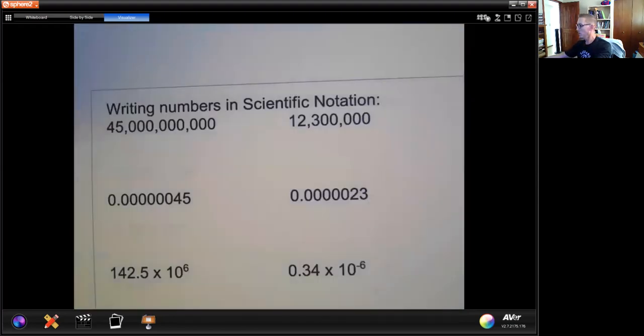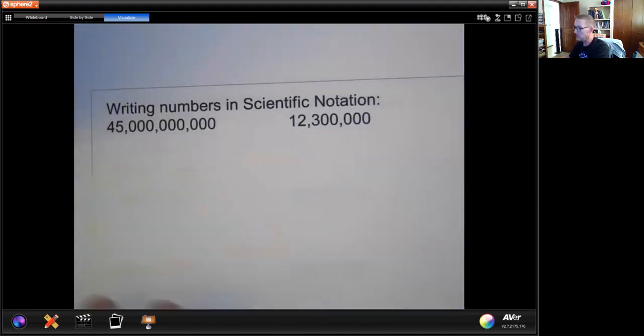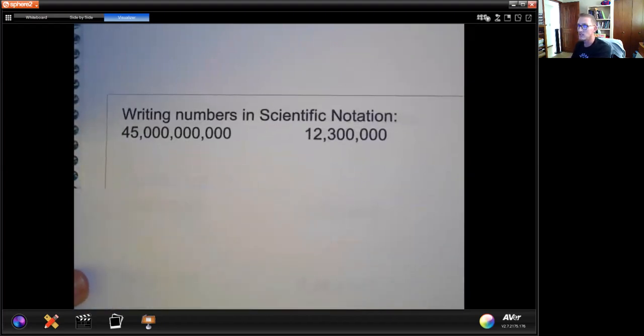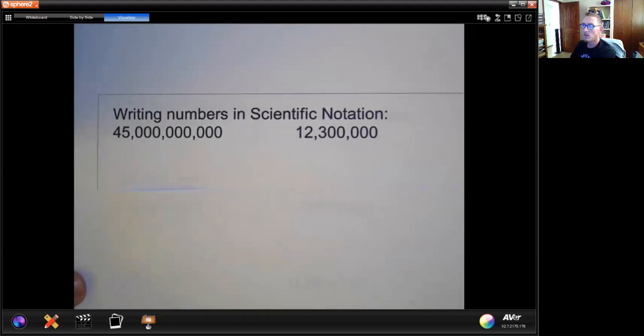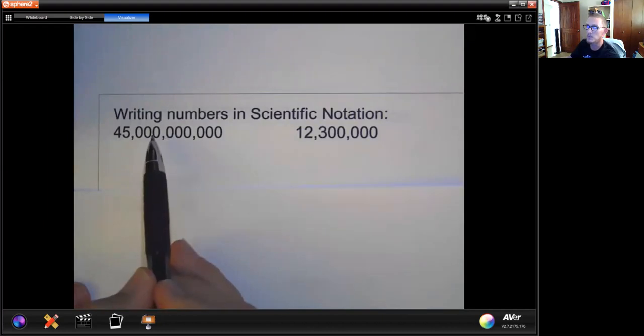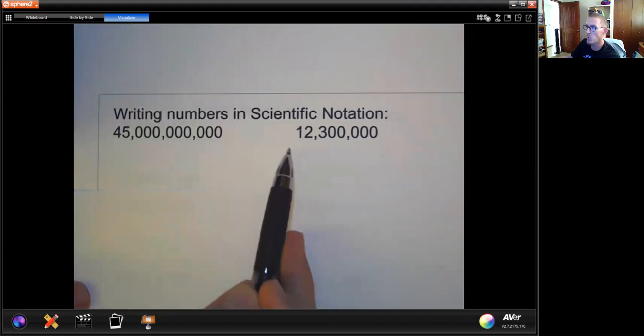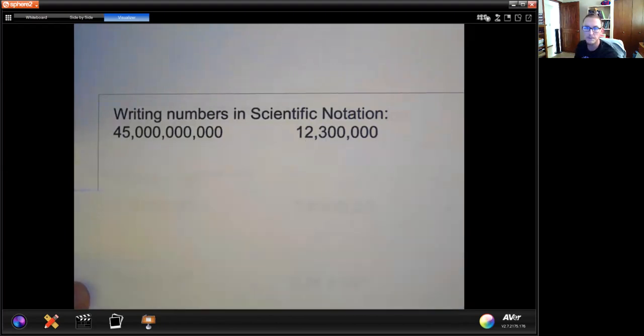So let's look at our examples for what scientific notation is going to look like. How do we write a number in scientific notation? Well, these are two really large numbers. The first one is 45 billion. And this is 12,300,000. Really big numbers.